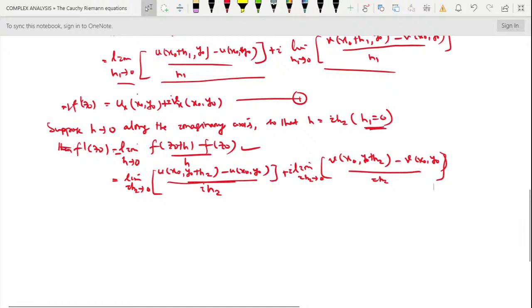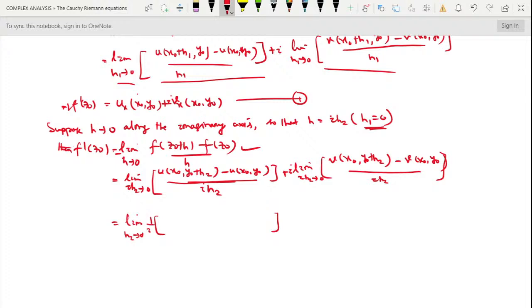Now simplify this. The limit as i h2 tends to 0 means the limit as h2 tends to 0.